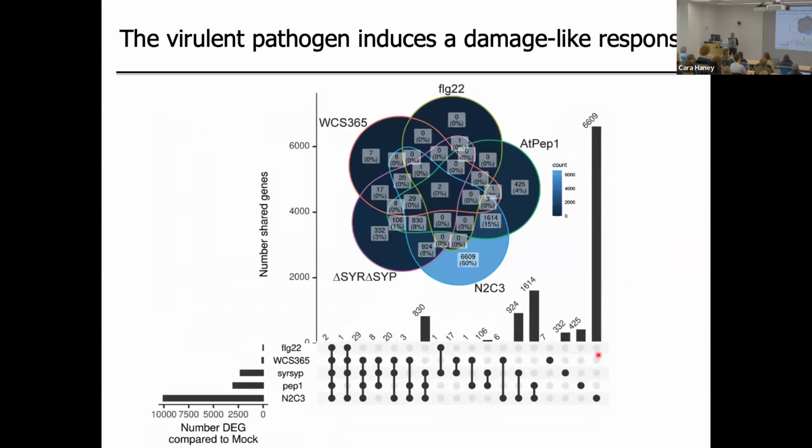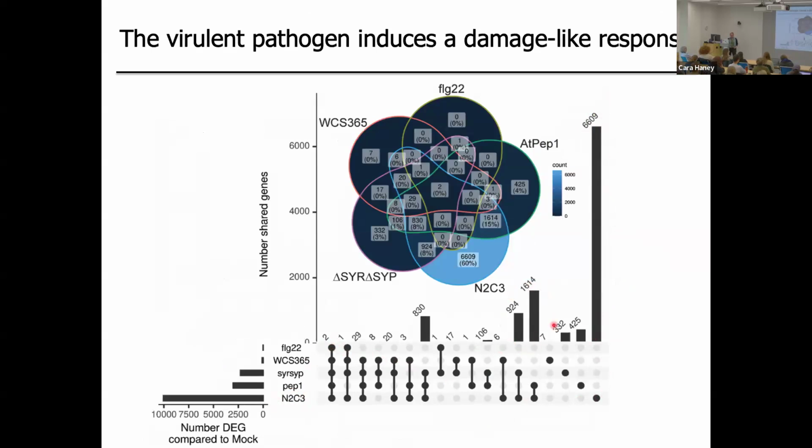Okay, so the important thing here is to look at these upset plots where we're showing genes that are co-induced by multiple treatments. So if you look, the pathogen alone is here. It induces a strong and unique immune response. So the pathogen alone induces a lot of gene expression changes.